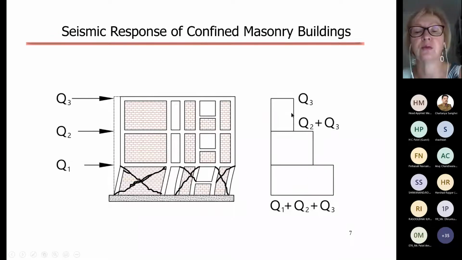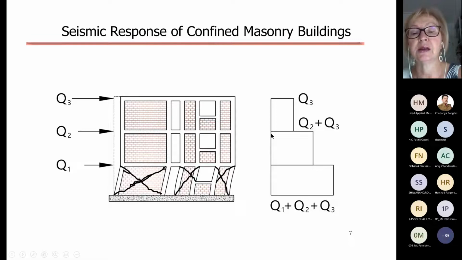On the right-hand side, you have a shear diagram for the building height. These forces increase from top to bottom, and the maximum forces are at the bottom. So the ground floor level in any confined masonry building will be subjected to the maximum shear forces, maximum bending moments, and maximum axial load.